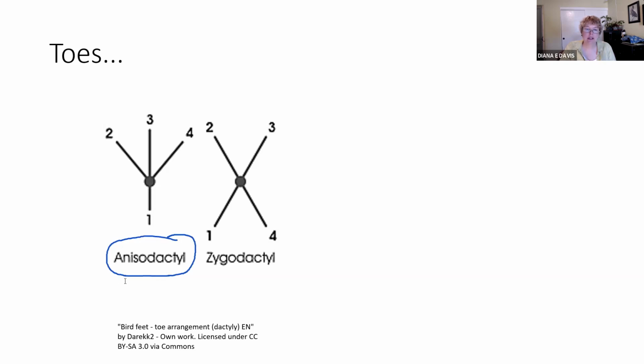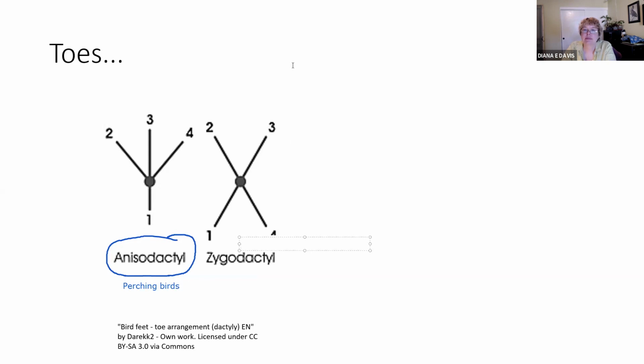Anisodactyl, which is found primarily in perching birds, and that's three toes forward and one toe back. So I can't quite make my hand do it, but it's kind of like that. And I really can't make my hand do zygodactyl.